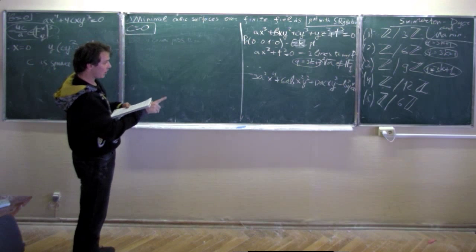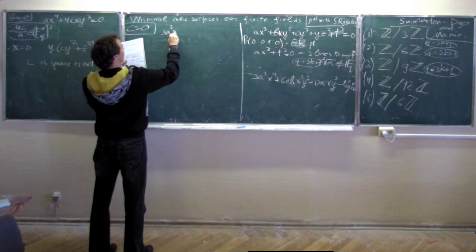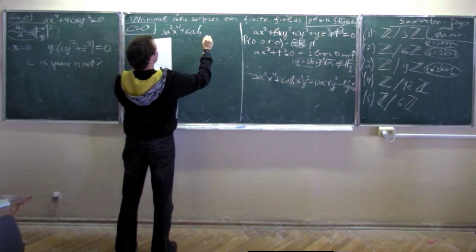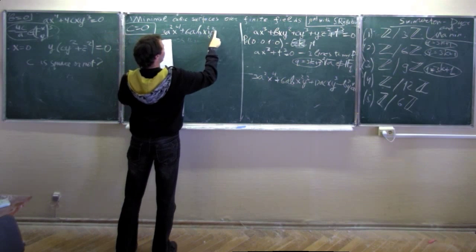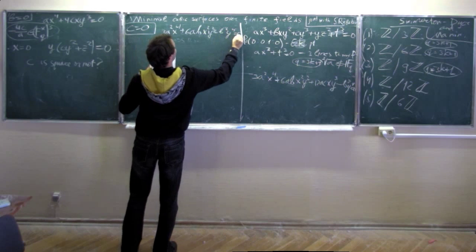Well, if c equals 0, then we have the equation 3a squared x^4 plus 6ab x squared y squared minus b squared y to the fourth equals 0.